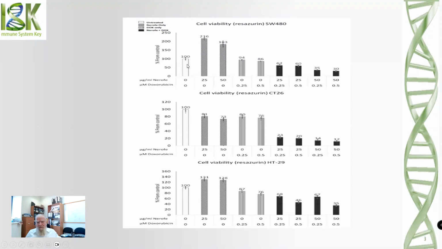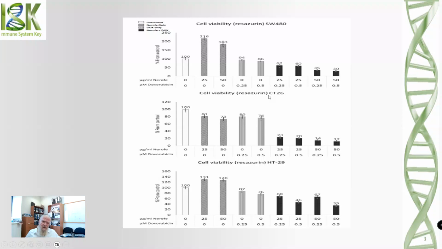Here is the level of the control viability of cells, 100%. Nerofe added some. Doxorubicin did not do a lot by itself, but when we combine Nerofe plus doxorubicin, we were able to see like a 70% decrease in cell viability.